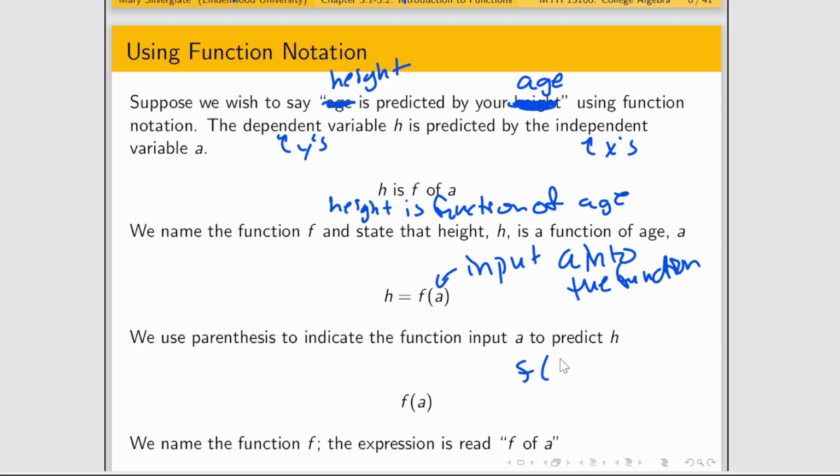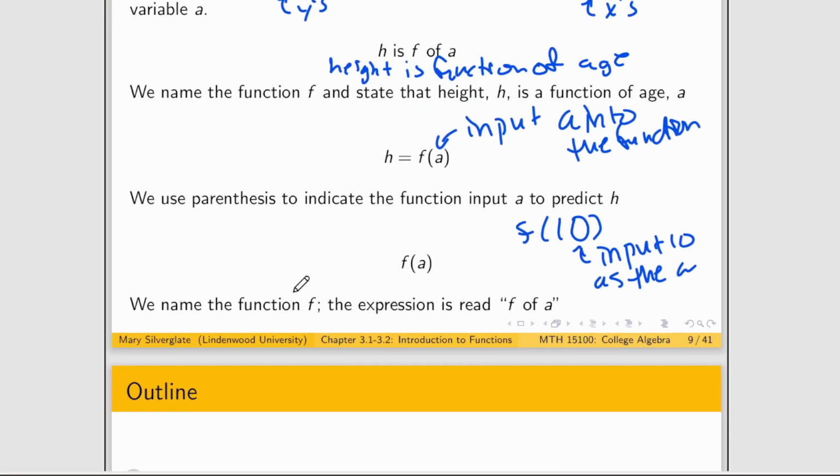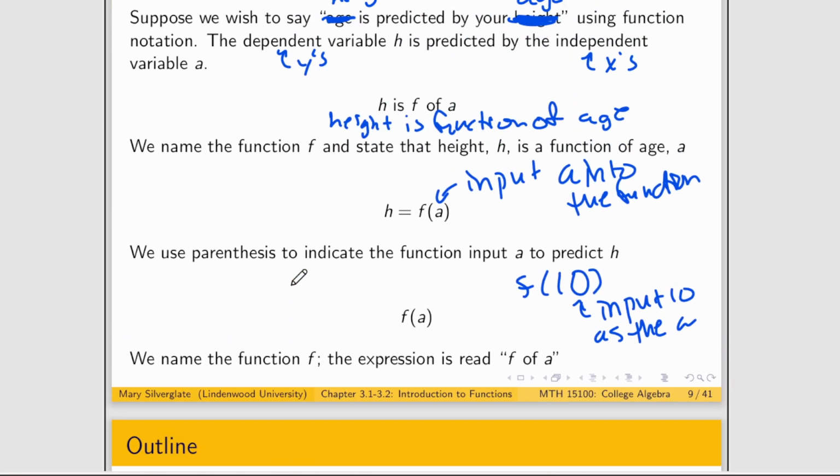So if, for example, I said f of 10, that means input 10 as the a. So let's say there was something slightly more specific for this. Let's say height is equal to 2a plus 3. No idea what this unit is. It's probably not super realistic, but let's say it was.